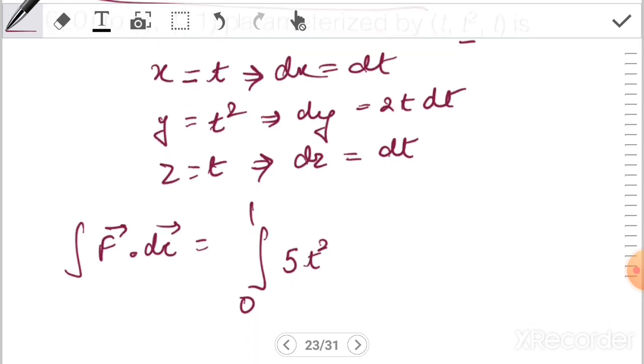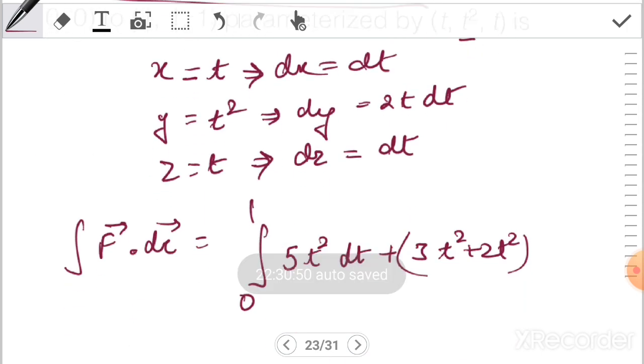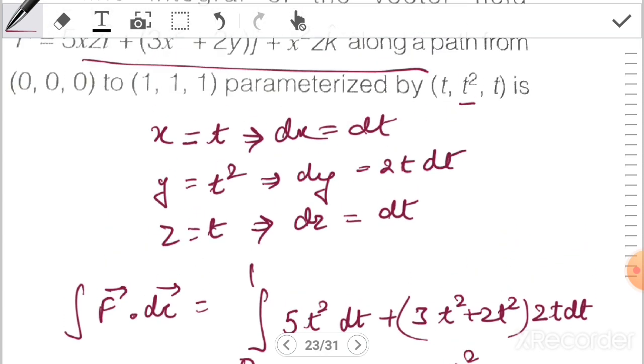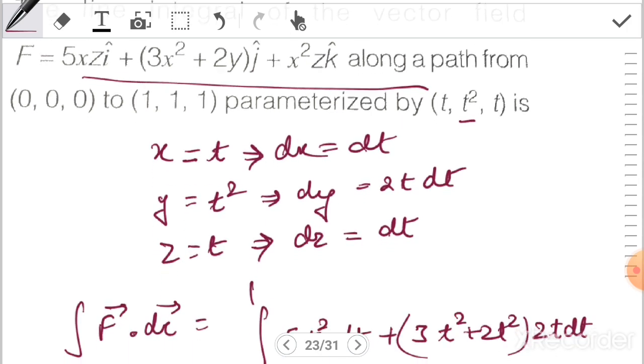That is why I wrote 0 to 1, and 5t square dt plus 3t square plus 2t, because here x is t, y is t square, and dy is 2t dt plus z is t, so t cube dt.